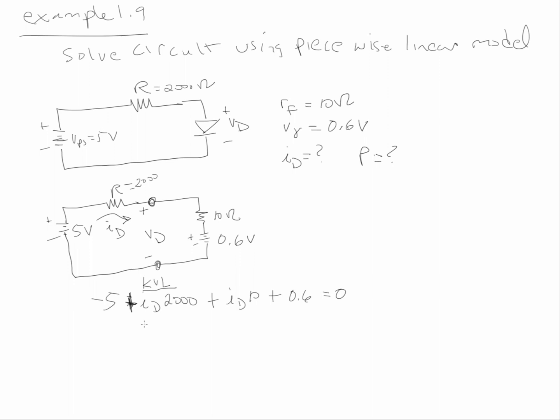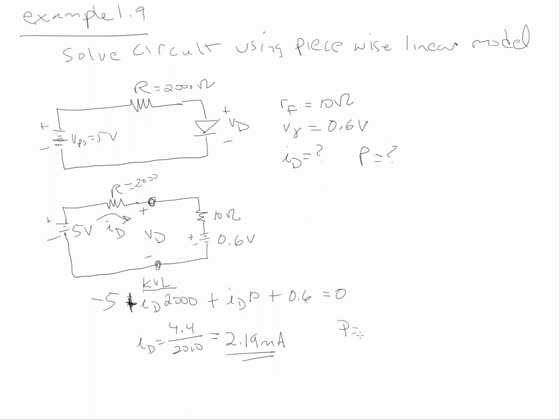And then you just solve for ID, which is 4.4 divided by 2010, which is equal to 2.19 milliamps, the same thing we got before in the previous examples.